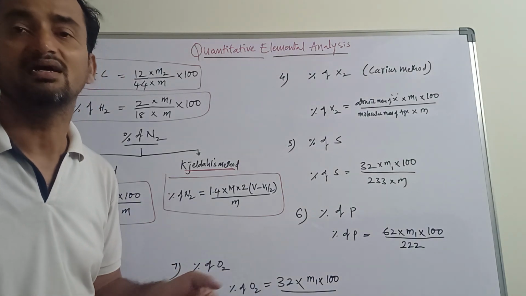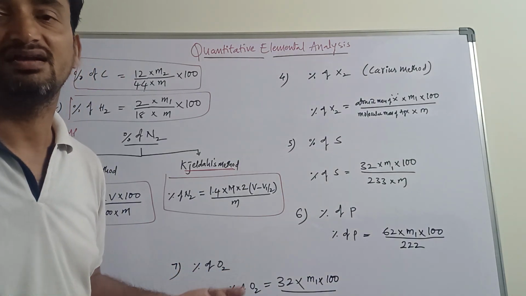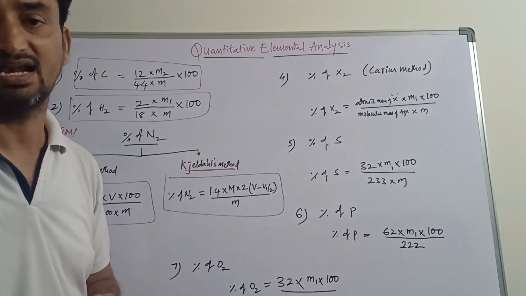Everywhere, m stands for the mass of the organic compound taken, and from that we estimate the percentage of different elements.